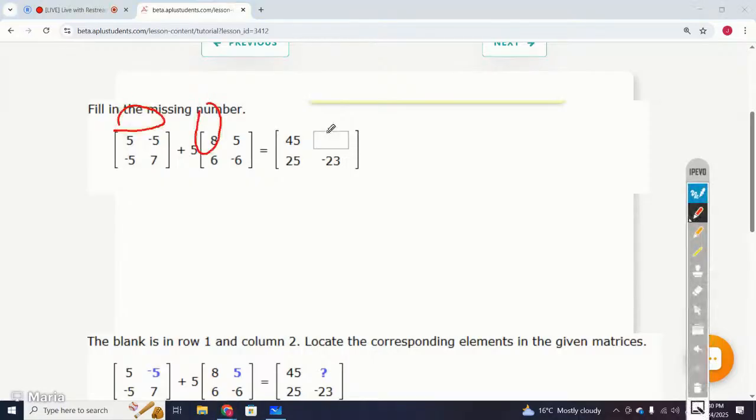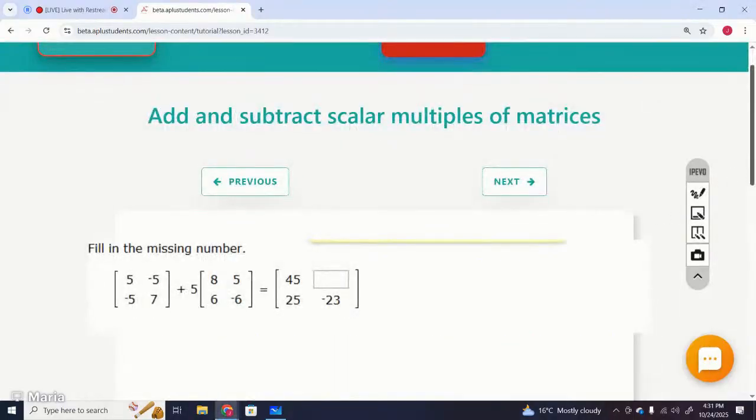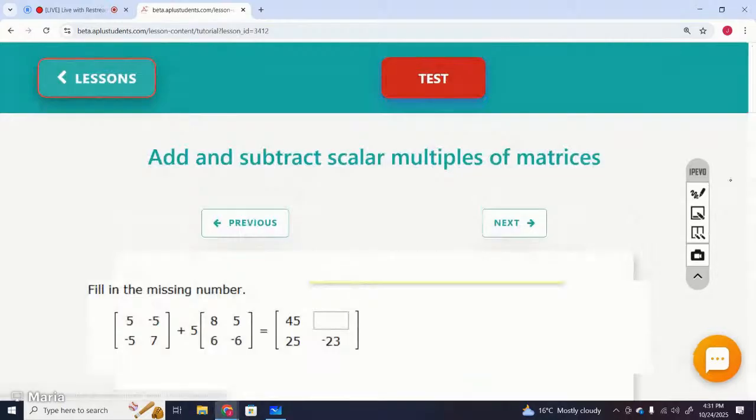So this is the missing 5, and 5 times 5 is 25. 25 plus 5 is 30. Let's just start with the test questions.